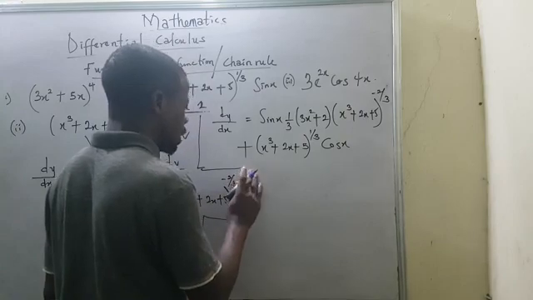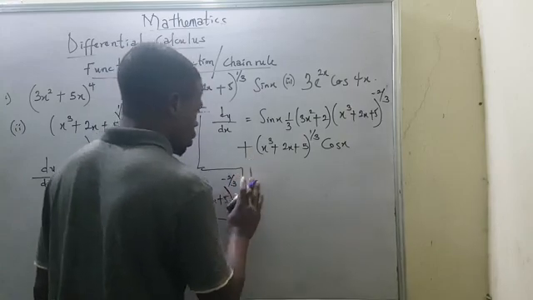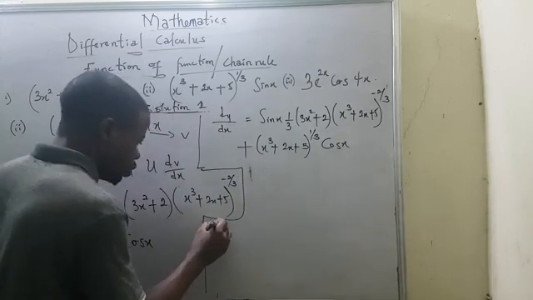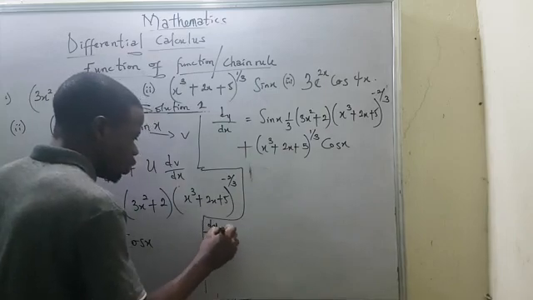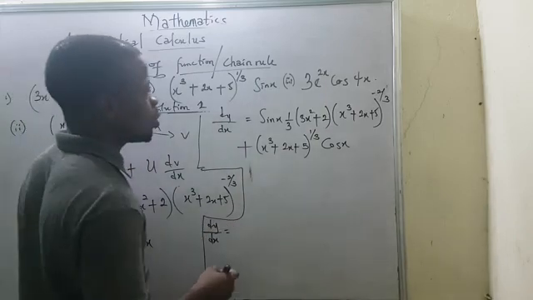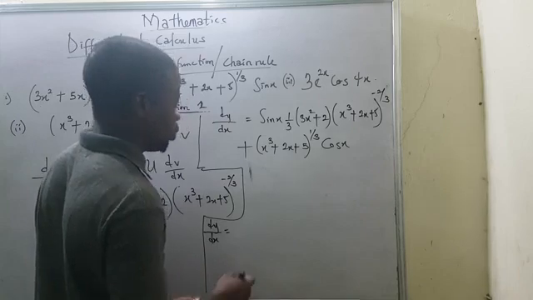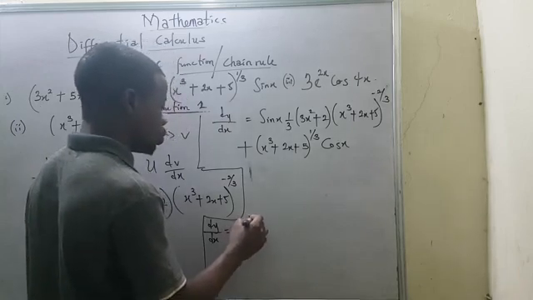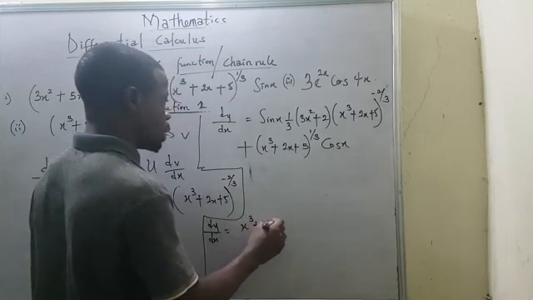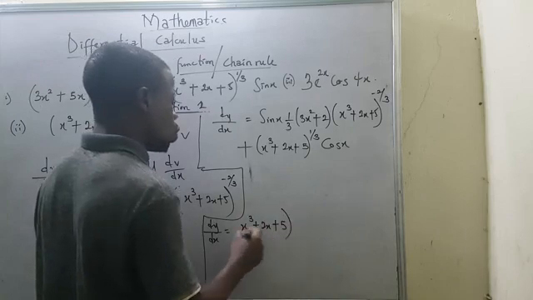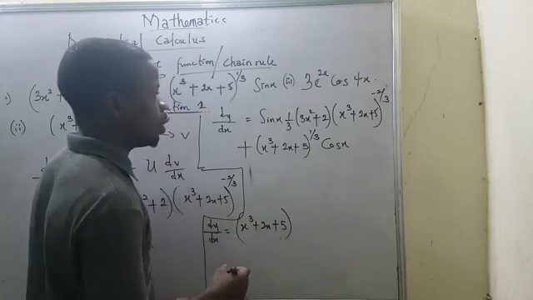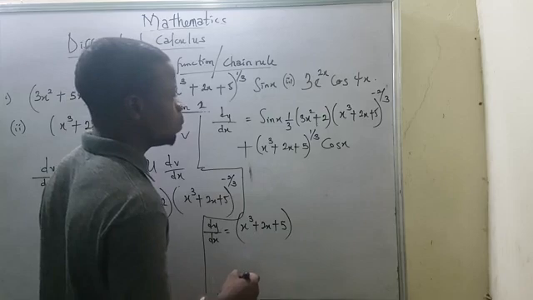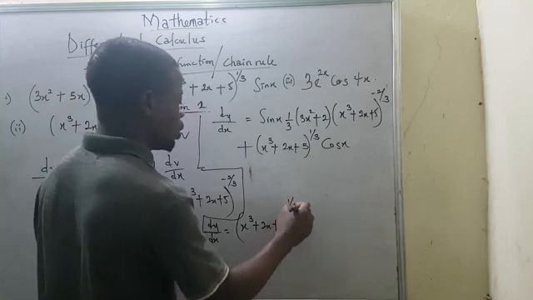So dy dx, there's no space here. Let me use this space. Dy dx can be equal to let's have x cubed plus 2x plus 5 all raised to power of 1 over 3.